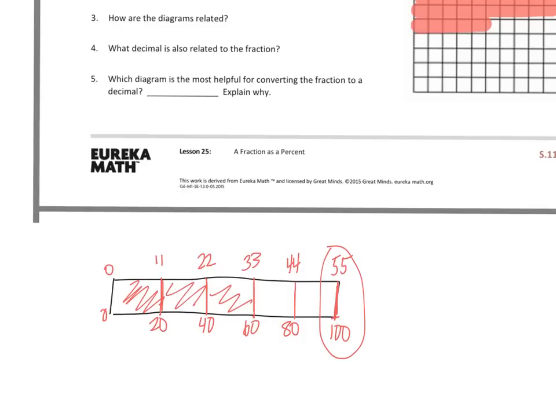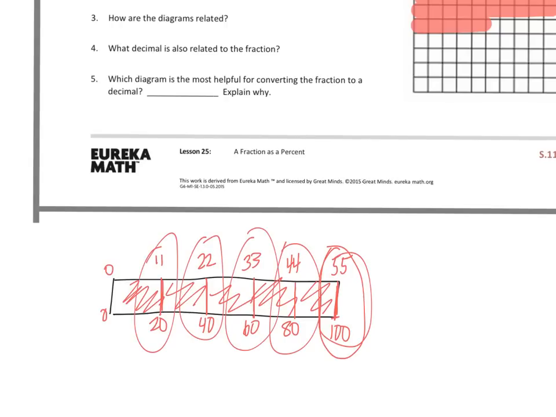But this seems to be the best way for me to show it going all the way up to here. These are all equivalent to each other. But I'm just showing the process that needs to be done, that I'm going up by 11 here and 20 here to get to out of 100, because that's what percentages are. Again, 22 over 40 is equivalent to 11 over 20, which is equivalent to 55 hundredths. But I'm just showing that with the tape.